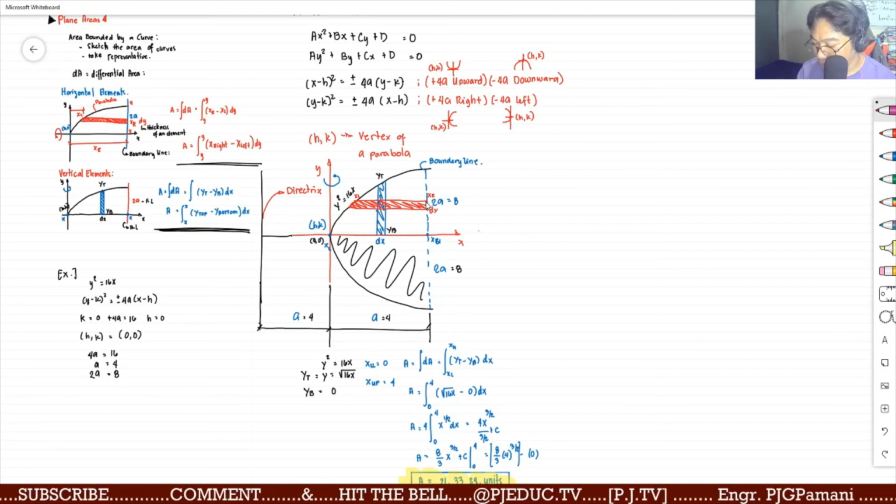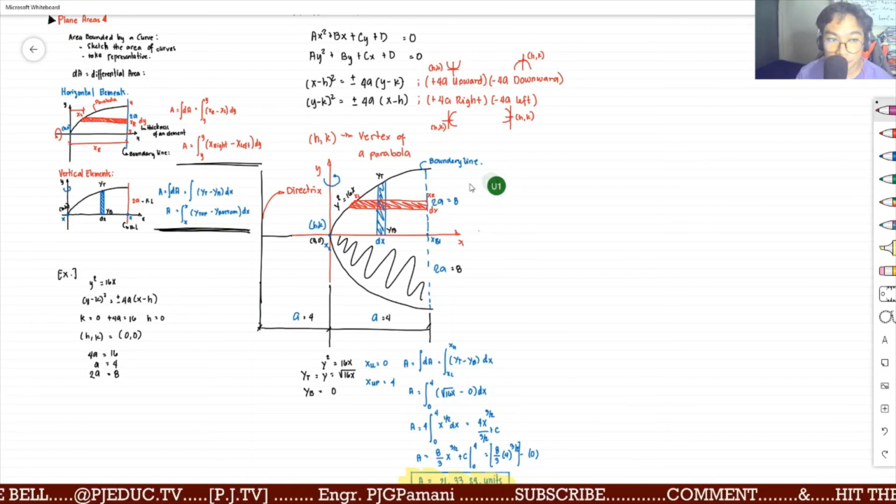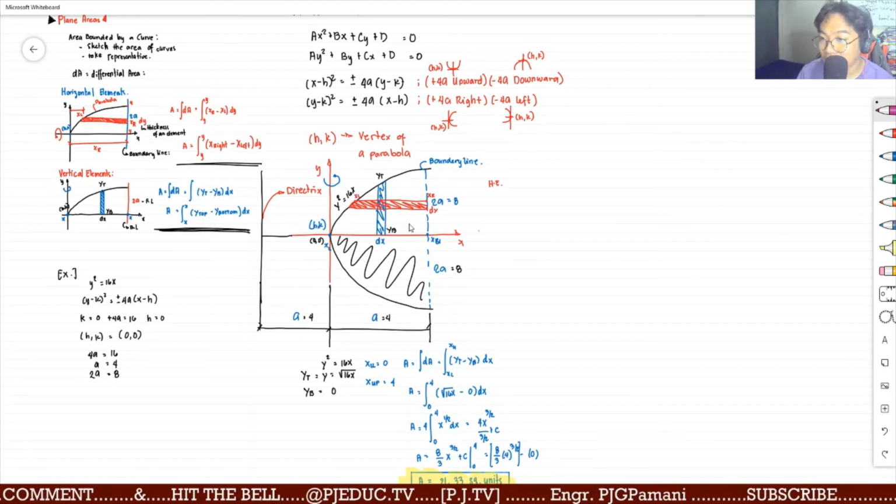Okay. Ngayon, horizontal elements. Ngayon, si x left is considering a part of the parabolic line. So we'll need to interpret that parabolic line into an x equation in terms of y.